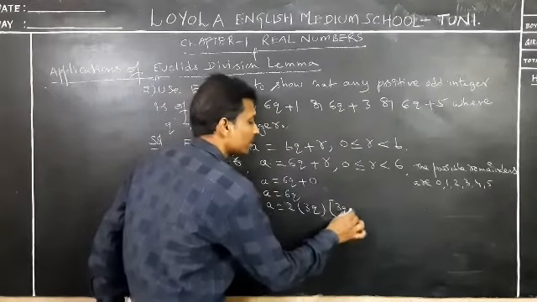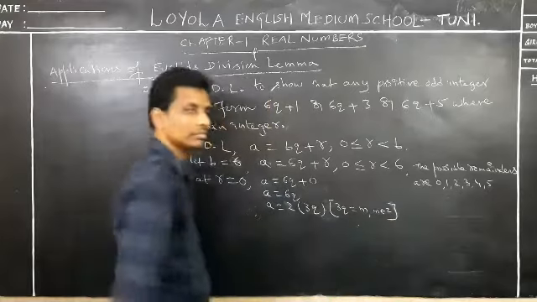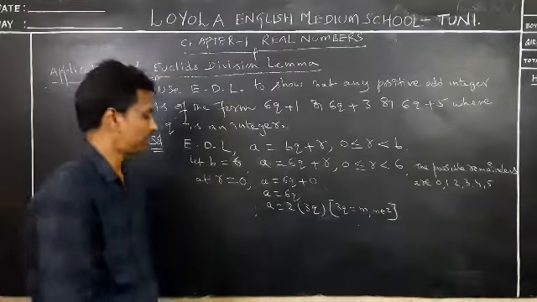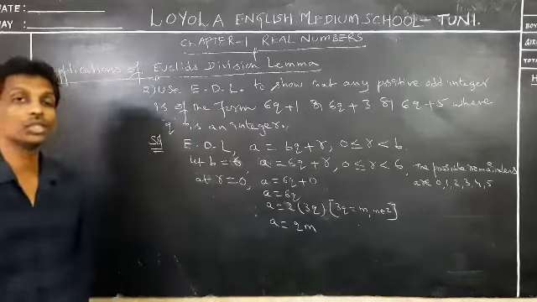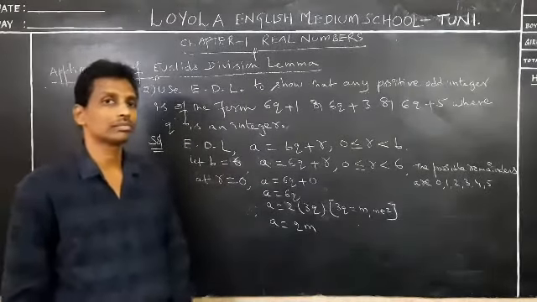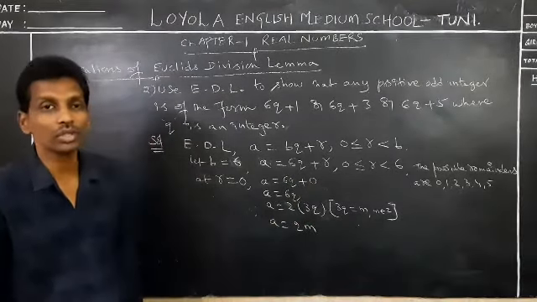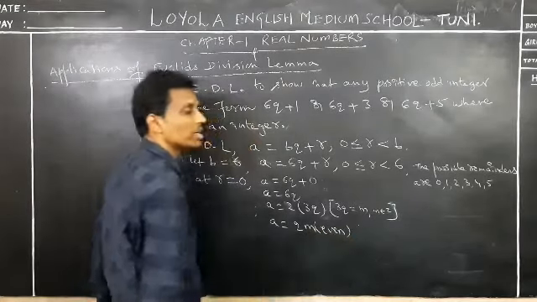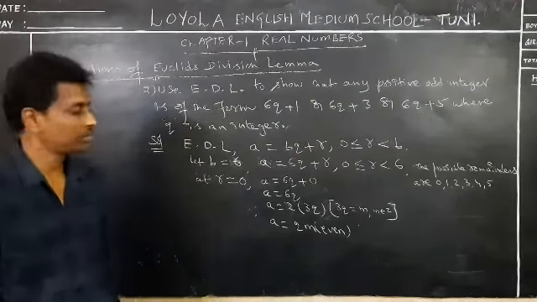If we consider 3q as an integer, instead of 3q I substitute some value m. Now a is equal to 2m. Do we know the definition of an even number? 2m, 2n, 2x, these are all definitions of even numbers. So this is an even number.